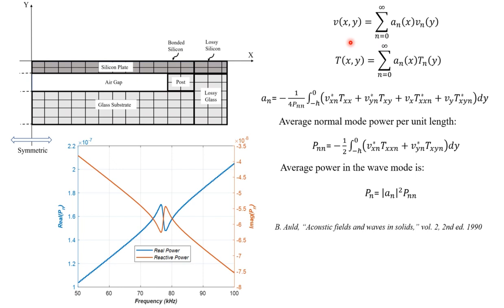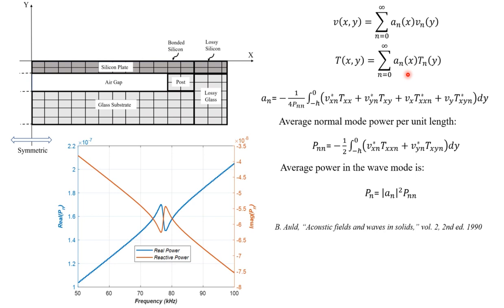Normal mode plate theory says that you can decompose the plate vibrational modes, or you can superimpose the orthogonal plate vibrational modes, and you can create the resultant velocity and tensile stress from that. Where an is the amplitude of the respective tensile or the velocity field.